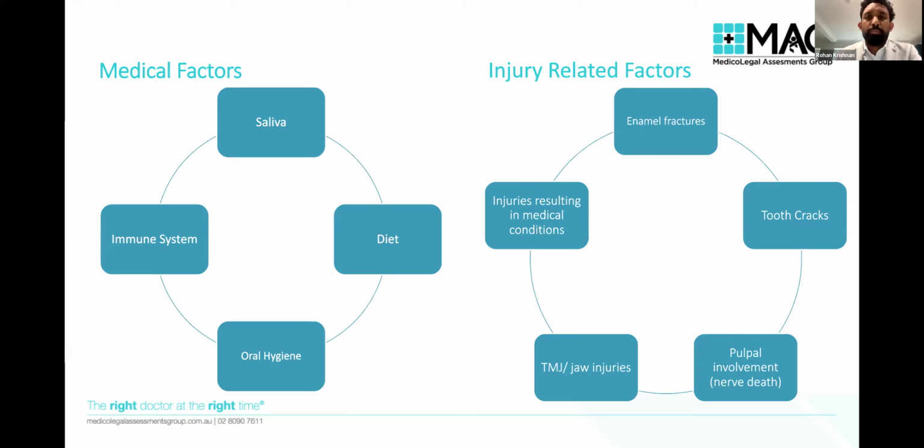The importance of the assessment is to determine whether these injuries are in fact compensable or not, and whether more likely or not this would have happened without the injury, or because the injury has occurred, now this process is taking place. So I think that's the thing that I'd like you to have in the back of your mind when we're going through some of these cases and some of the causation mechanisms.